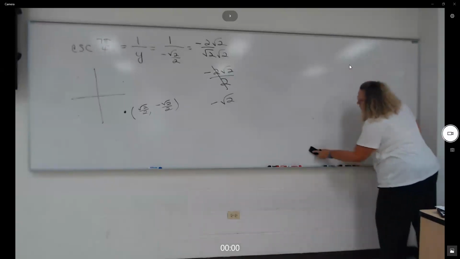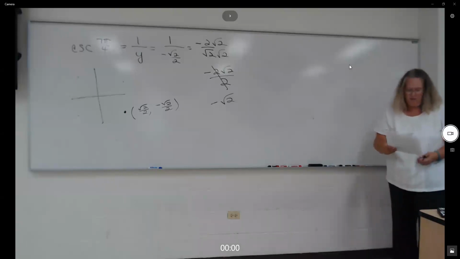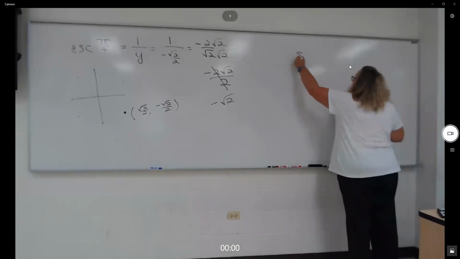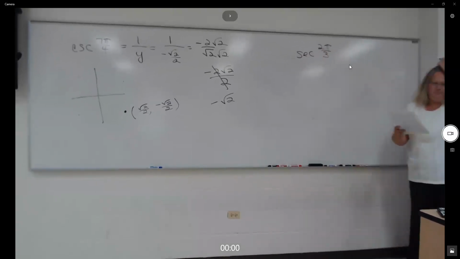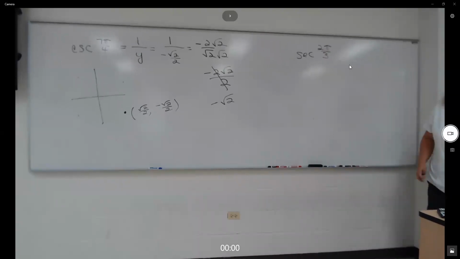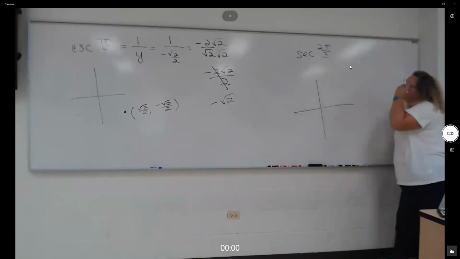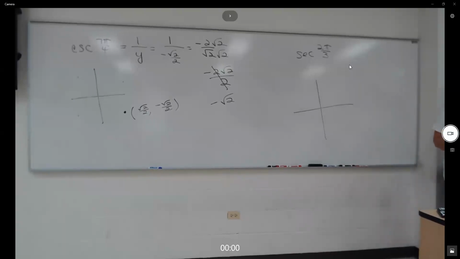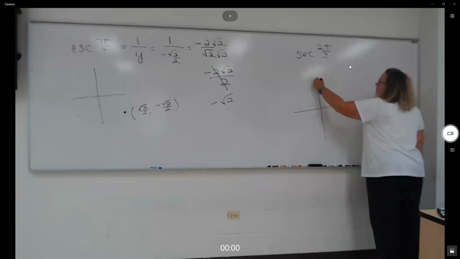All right, let's do a secant of 2 pi over 3. Where does that put us? 2 pi over 3, if we change it to 6, would be 4 6. So 1 6, 2 6, 3 6, 4 6.